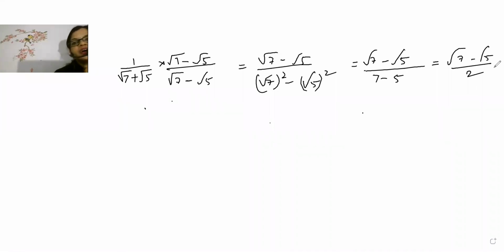Okay, ready. Question is 1 by root 3 minus 1. Answer please. Keshav told the answer first.